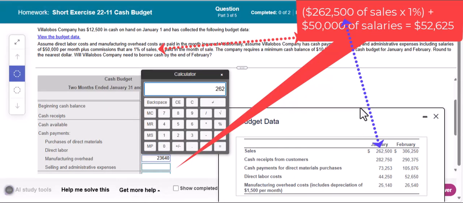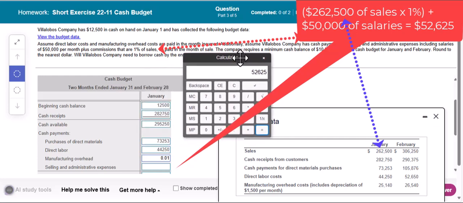So 262,500 times 0.01, and that is going to give us 2,625, and we'll add that to 50,000. So we'll go ahead and add 50,000, and that is going to give us a total of 52,625 for the selling and administrative expense for January.